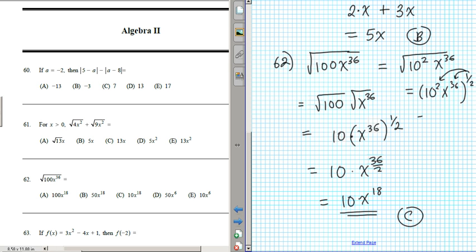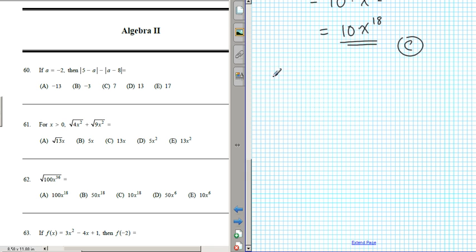And then you basically have 10 to the 2 over 2 times x to the 36 over 2, which becomes 10x to the 18, which is exactly what we have here. All right, so just remember, root is exponent divided by 2. Alright, let's move on to number 63.